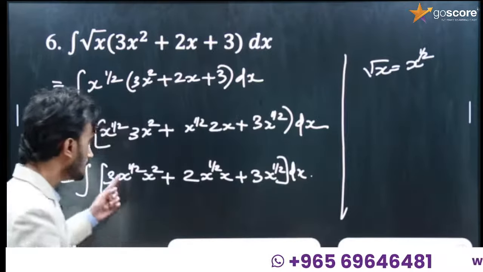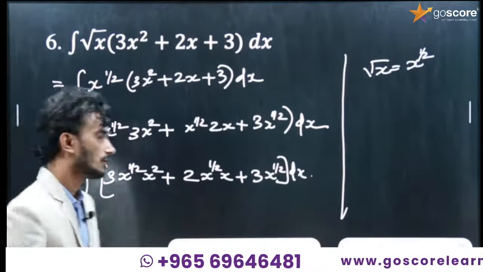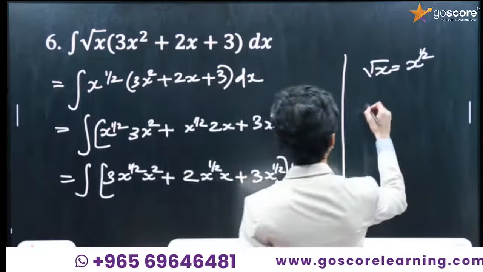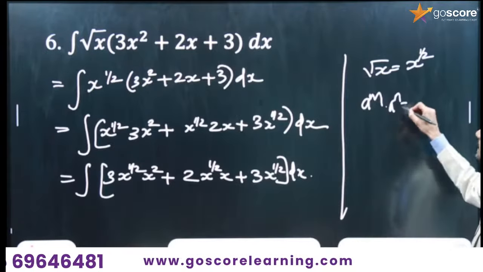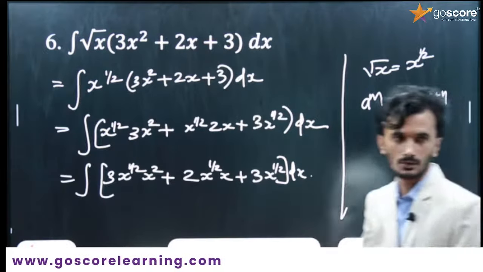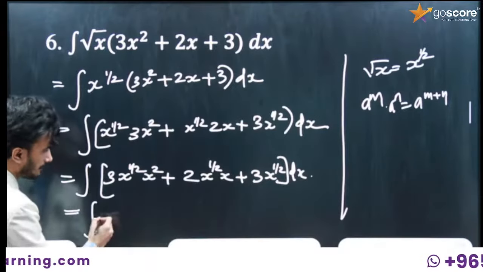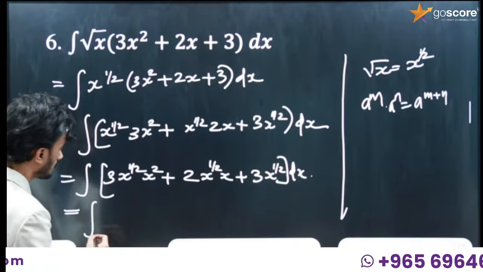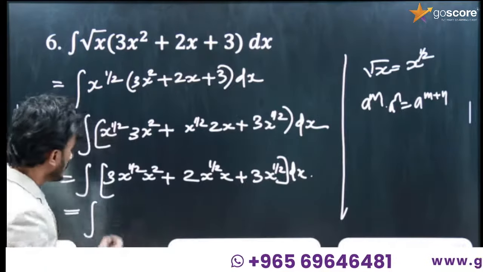Here we can apply a theory. You have studied in 9th that a raised to m into a raised to n is equal to a raised to m plus n. So this one is equal to, first of all, taking individual integrations.